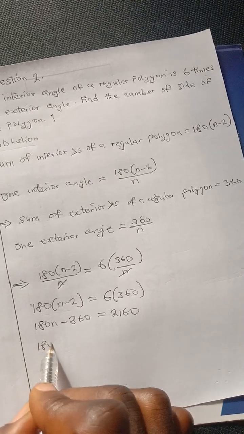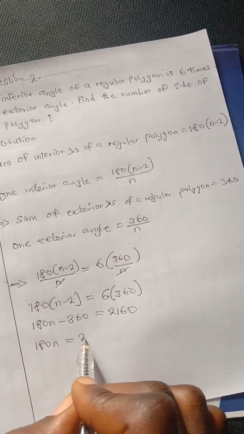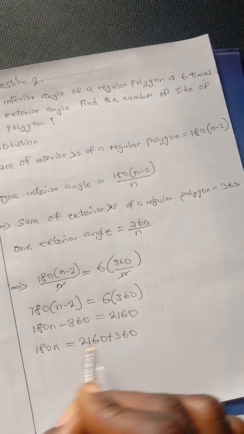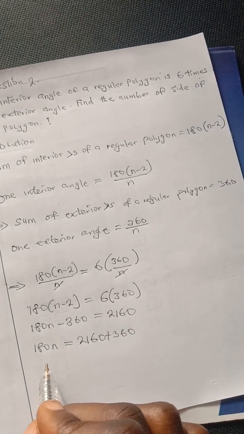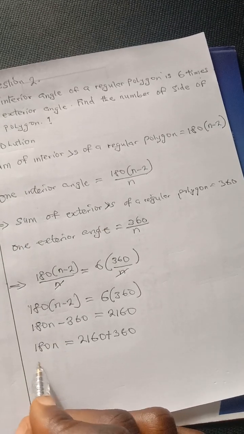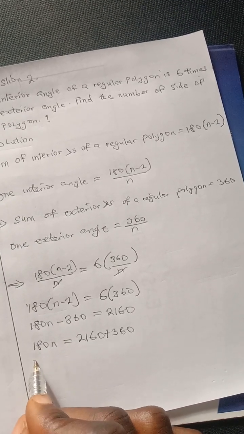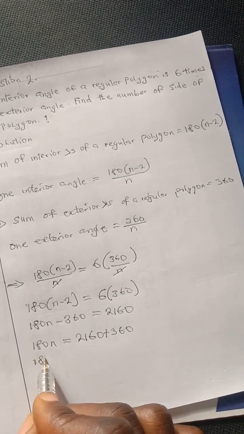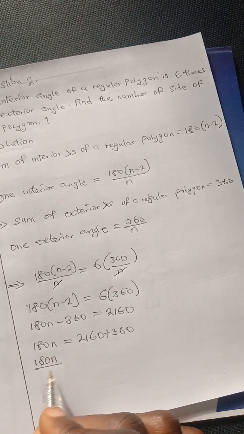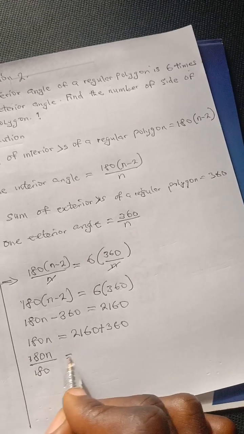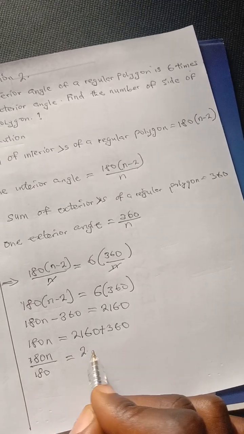So 180n is now equal to 2160 plus 360, because you move this to this side to make n the subject of the formula. So you now divide both sides by 180.